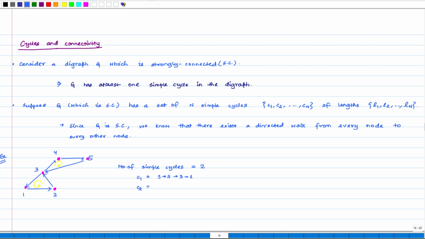And C2 is equal to 5 and then back to 3. Okay. So, suppose we try to construct walks now starting from node 1 to the node 3. Now, let us see what are the lengths of all of the walks that we can construct.